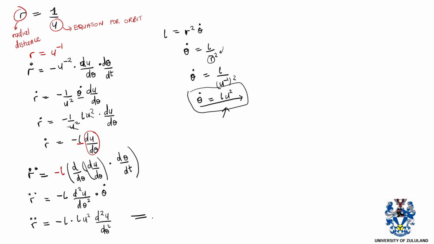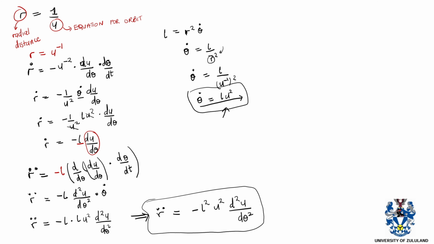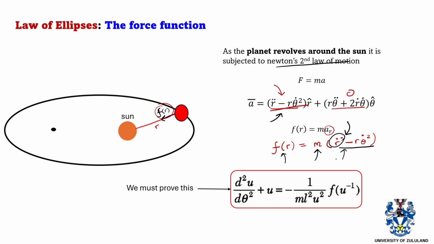So the final expression for r double dot, the second derivative of the radial distance, will be given by negative L squared u squared times the second derivative of u, d squared u d theta squared. I strongly urge you to remind yourself how derivatives work, because this is just a play around derivatives. Now we know the value of r double dot, the one that we need to find our force function, and we know the value of r, and we know the value of theta dot.